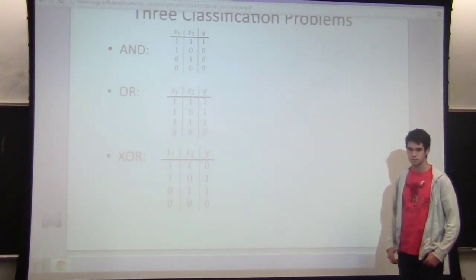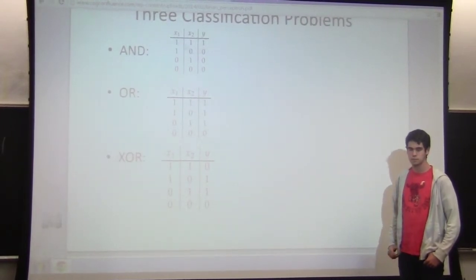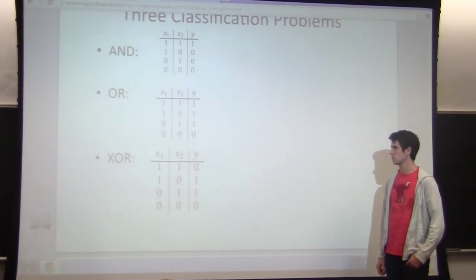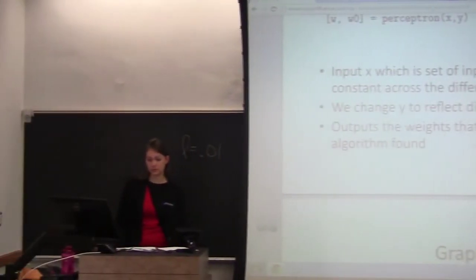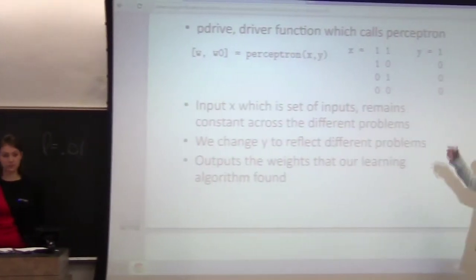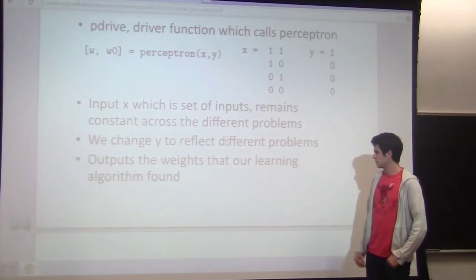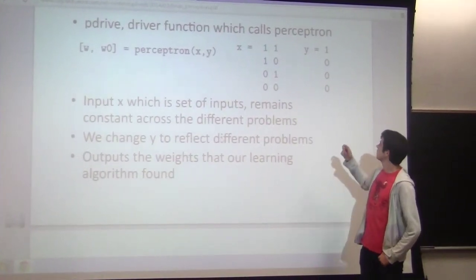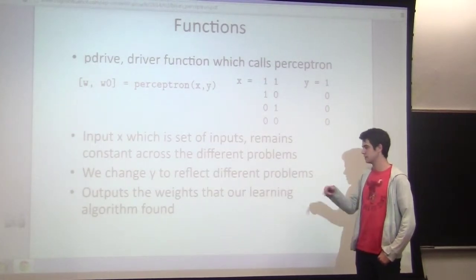Because it's the same set of inputs, right? You're just telling it that you want a different output y for each of these sets, based on whether it's AND, OR, or XOR. We input the x's and the y's, and the outputs we get are 2 different weights, depending on what the y value is.